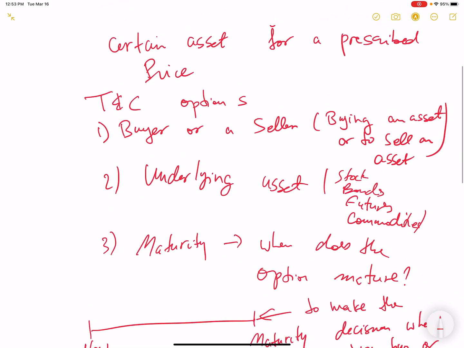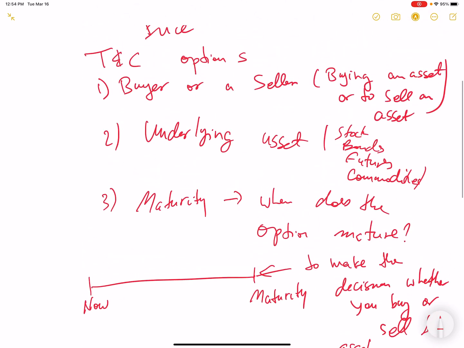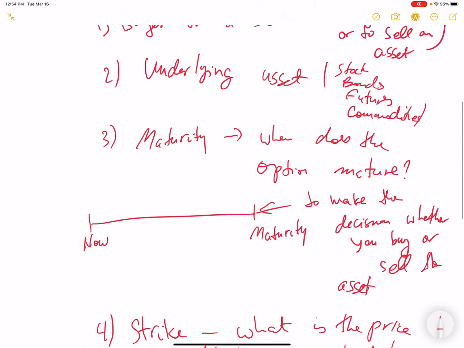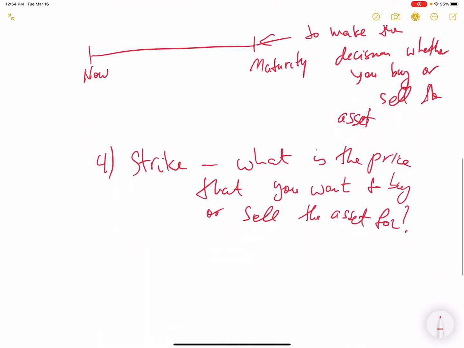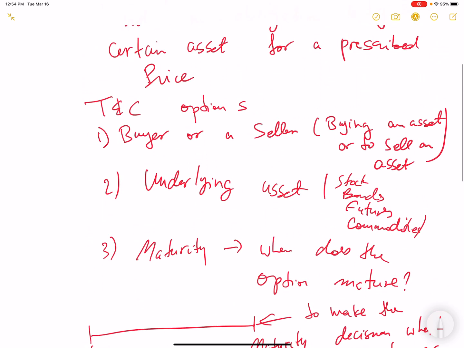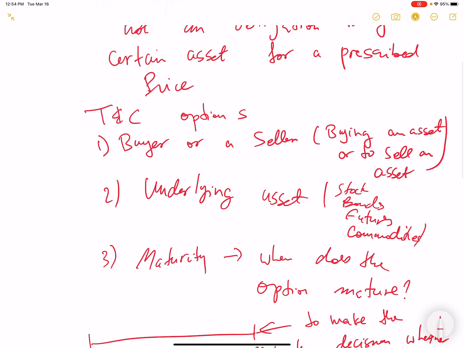Okay? So these are the major properties that define the option price.